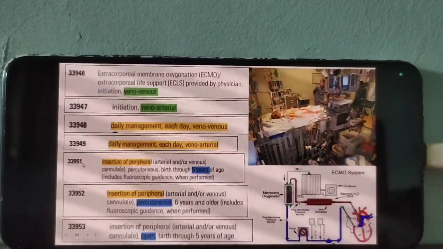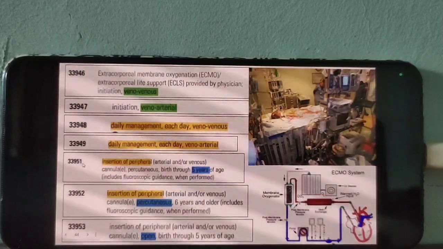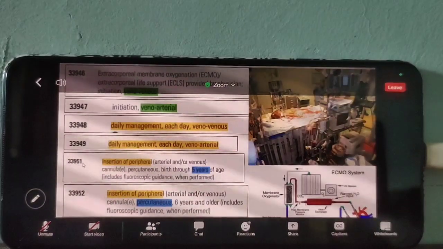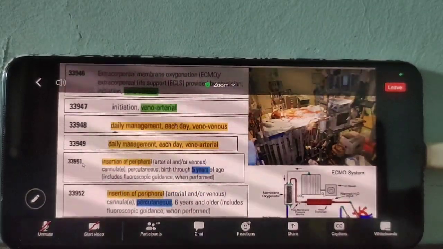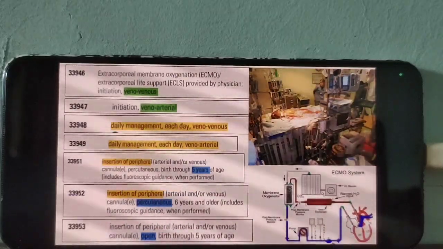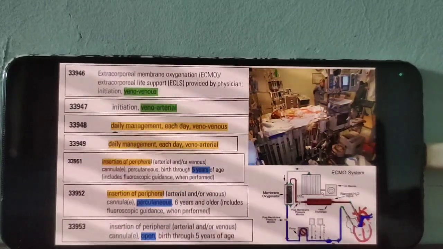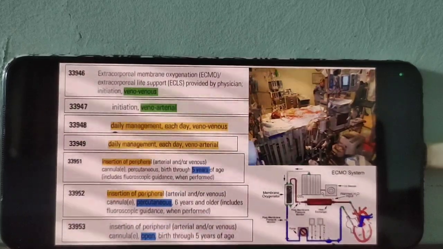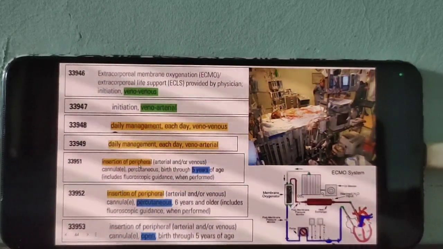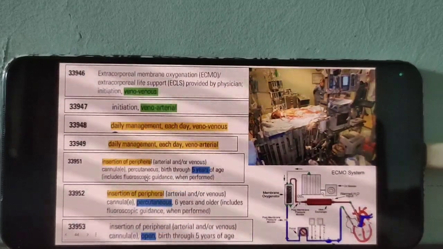Now, check 33951. What type of device is inserted here? Insertion of a peripheral cannula. Super. For insertion of a peripheral cannula, the approach is percutaneous.